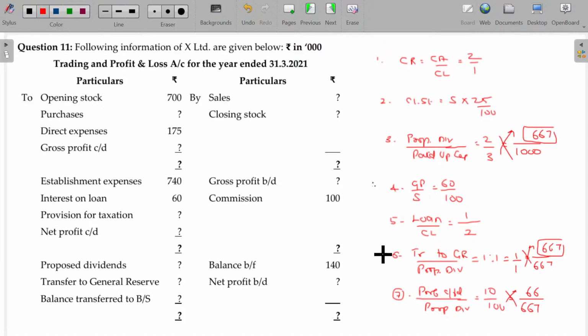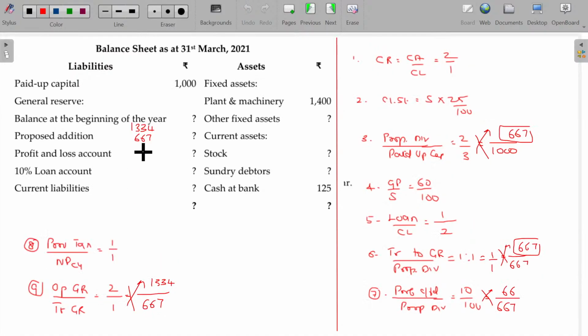Transfer to GR being 667. Proposed dividend being 667. Transfer to GR being 667. Balance being current year profit carried forward, being 66, balance transferred to the balance sheet. So then the profit and loss should be 66 or 67. Rounding up error.